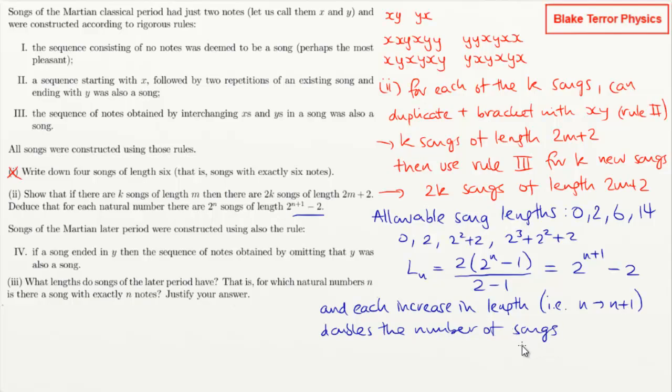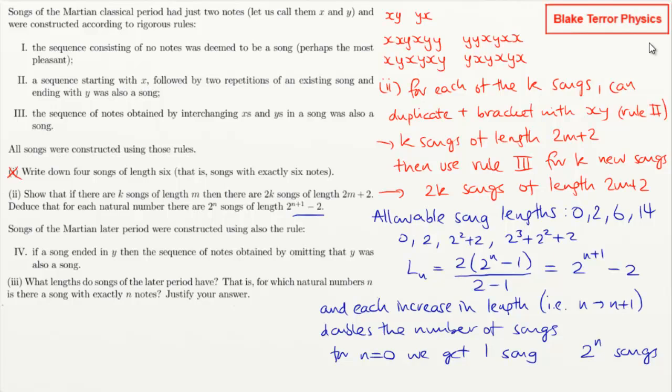So for each natural number, there are 2 to the n songs. For n equals 0, we get 1 song, and for length, 2 to the 1 minus 2 is 0. So I'm getting 2 to the n songs. Okay, that's fine. So that's done that bit.